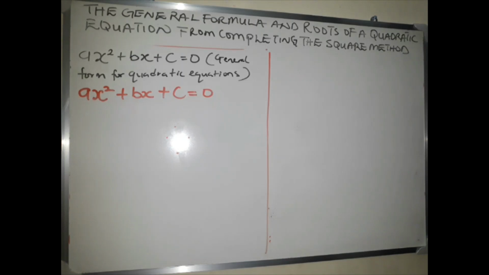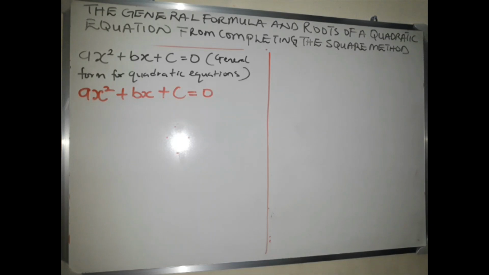So we're going to see how we can obtain this general formula by using the completing the square method and also obtaining the roots of a quadratic equation from the general formula method by also using completing the square method.